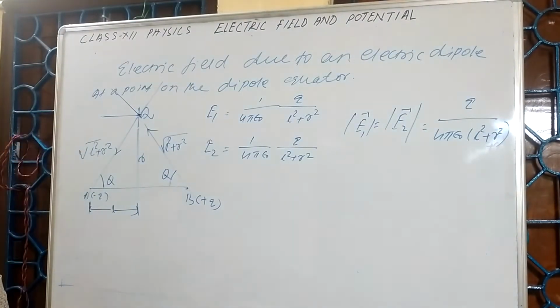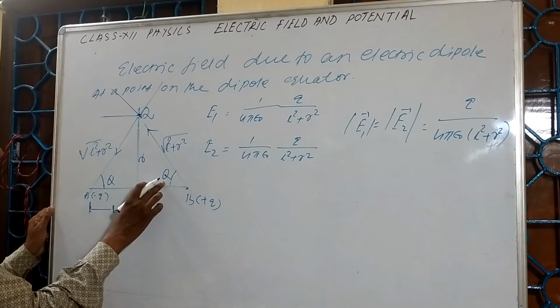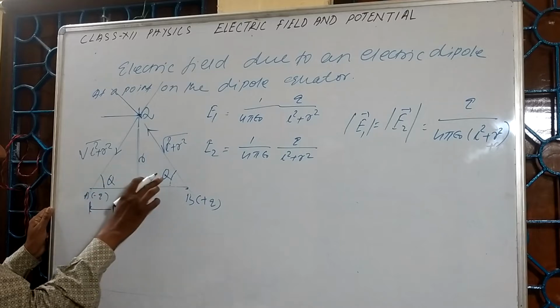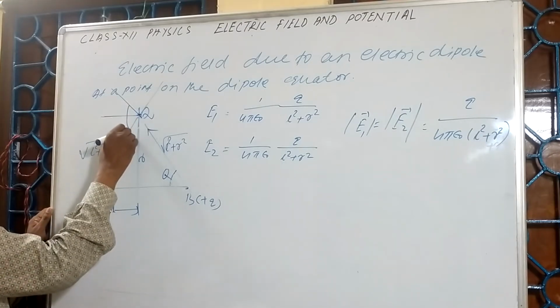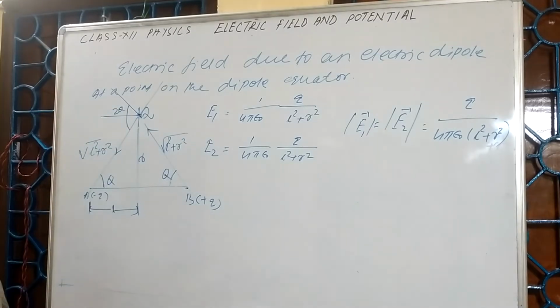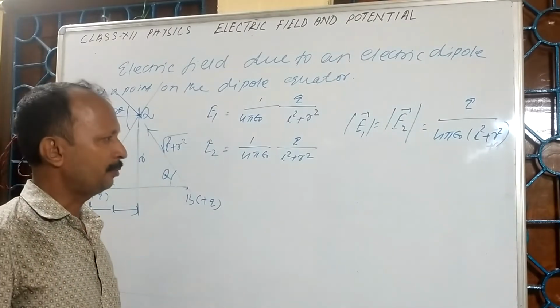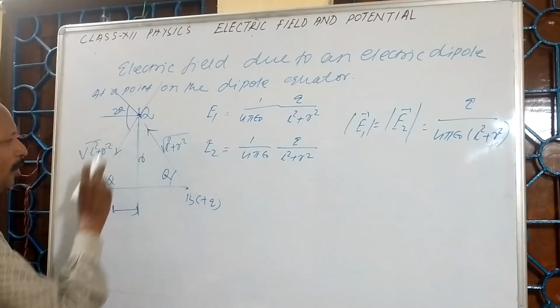So this is an isosceles triangle. This angle theta, this angle theta, definitely this angle will be equal to 2 theta.